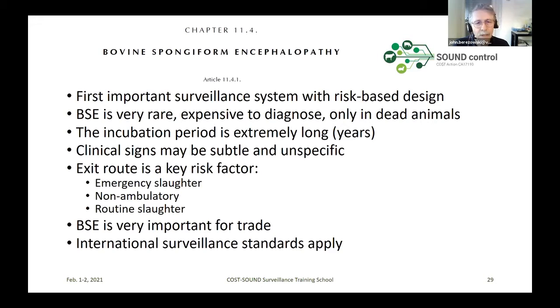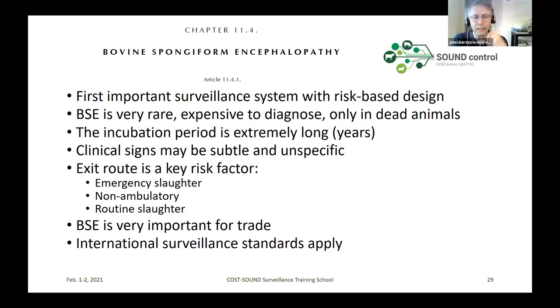The incubation period was really, really long, so years, from probably an absolute minimum of 2 and most commonly about 5. Clinical signs were subtle and unspecific, and because you could only diagnose it in dead animals, the exit route, how the animal exited the population, became a risk factor, whether it was through emergency slaughter, non-ambulatory or casualty slaughter, or routine slaughter.